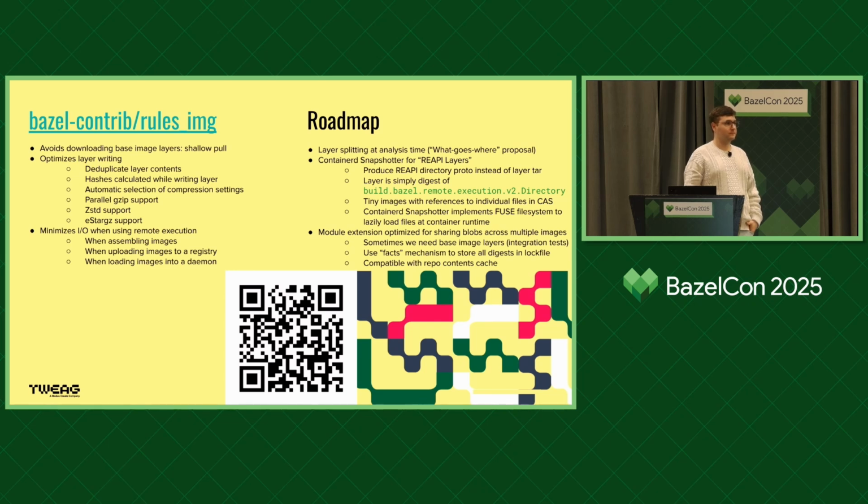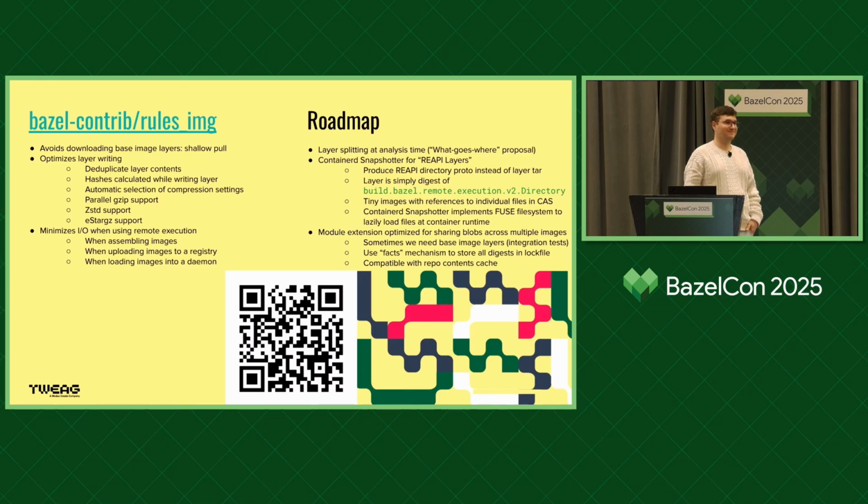The feedback is, I think the decision tree not based on remote execution, but as long as you use any sort of remote cache, you do want to switch because the blobs currently being output by Rules OCI are pretty big and they can invalidate and increase the total size of your remote cache by quite a bit and therefore usually reduce the TTL of the cache. Right, so the moment when you switch to rules image, I would expect your remote cache to run a lot more efficiently. Right, so that's for the decision tree.